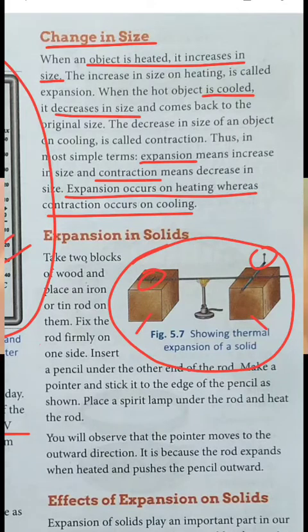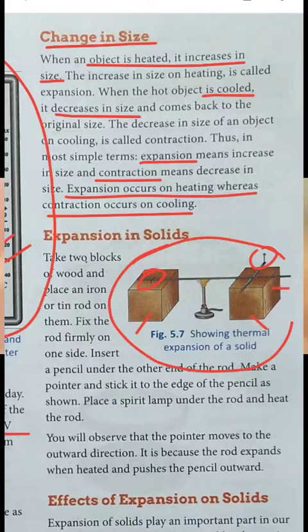Since the roller is kept on the right hand side, you can see the rod coming out from the wooden block. This much size has come out from the block. It means the size of the iron rod has increased.